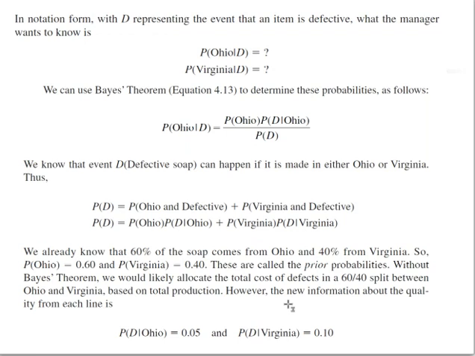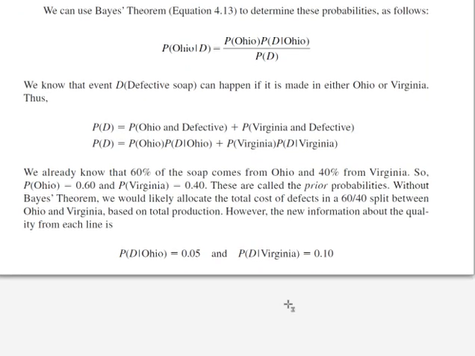However, the new information about the quality from each line is that the probability of a defective soap from Ohio is 5% and the probability of a defective soap from Virginia is 10%.